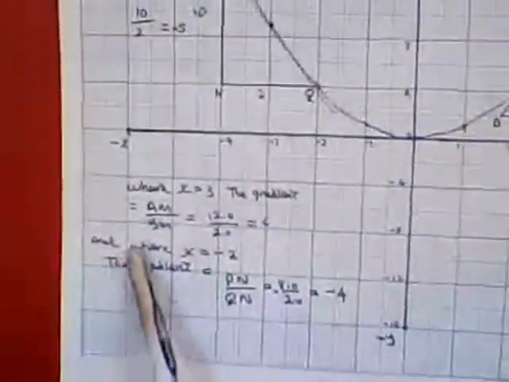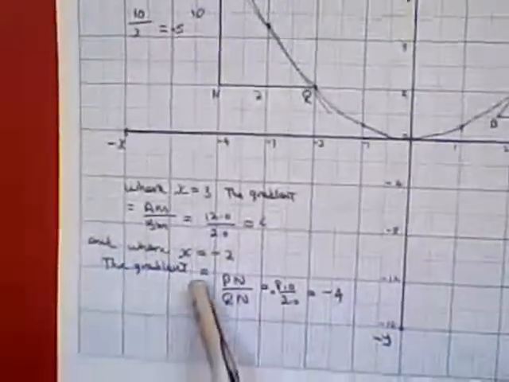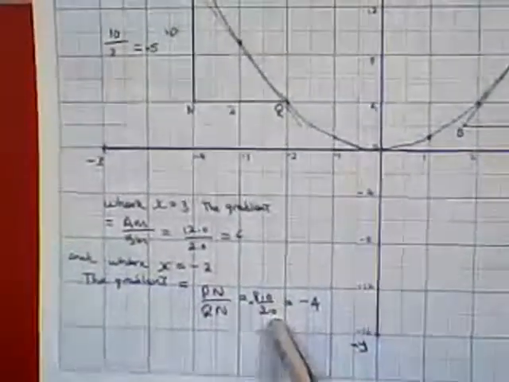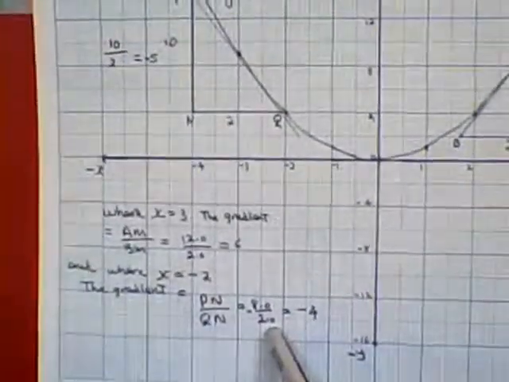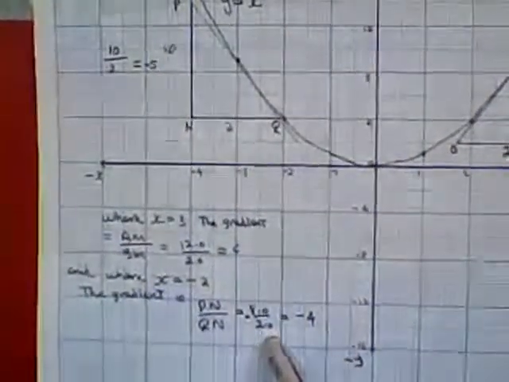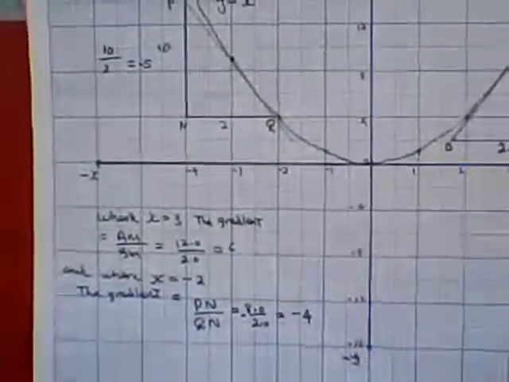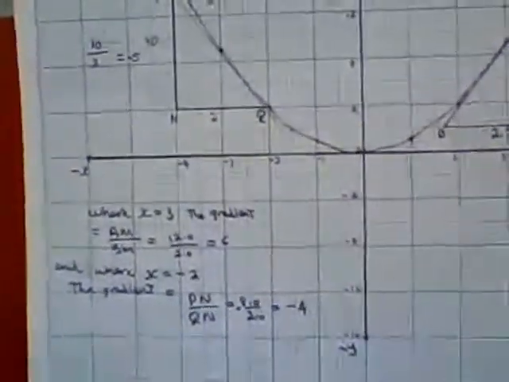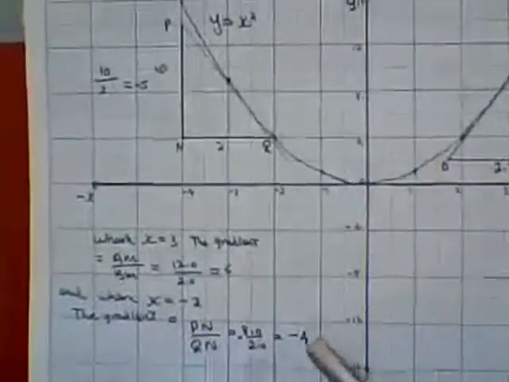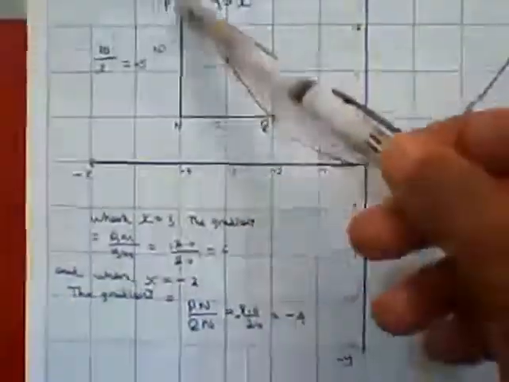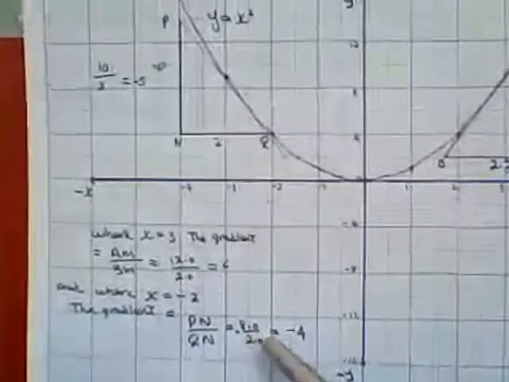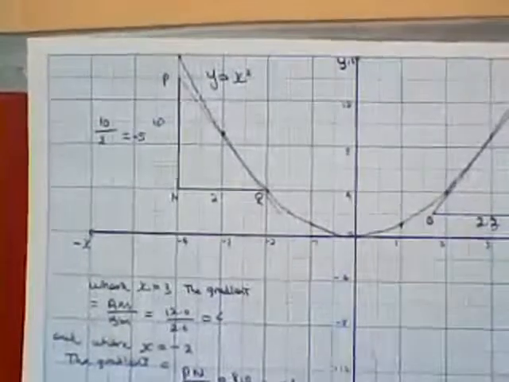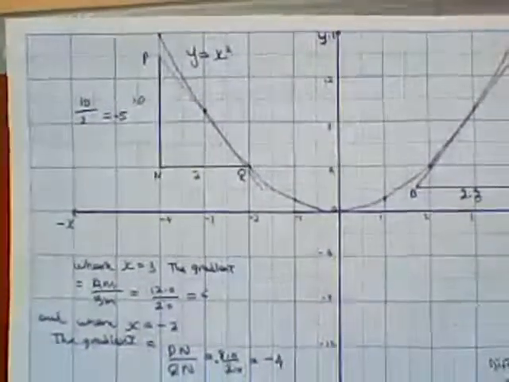And where x equals minus 2, the gradient equals Pn over Qn equals 8 over 2. I think that should be 10 over 2 actually, but I must have put 8 for a reason.